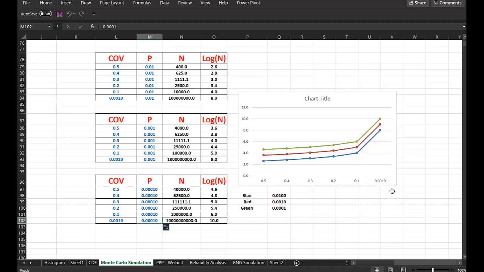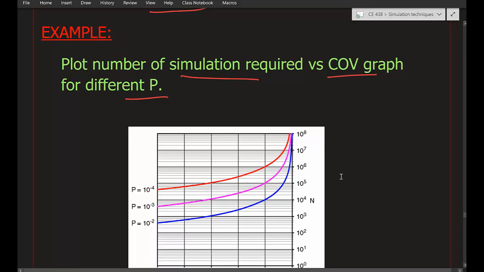The important point is that my sample size will depend upon the desired probability as well as the coefficient of variation, which somehow represents the uncertainty, related to the probability of acceptance. This graph is also shown here.